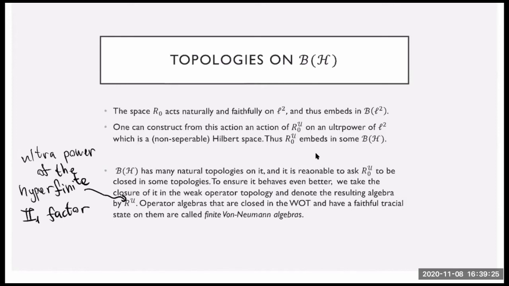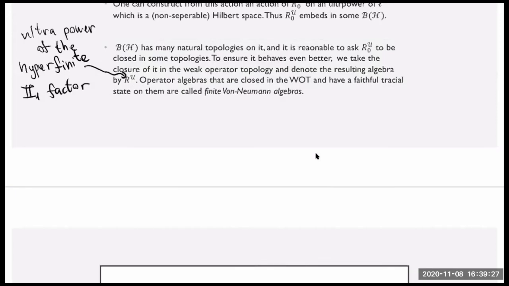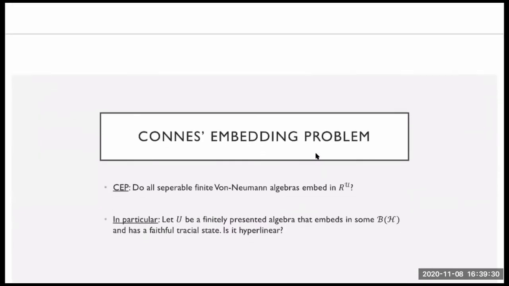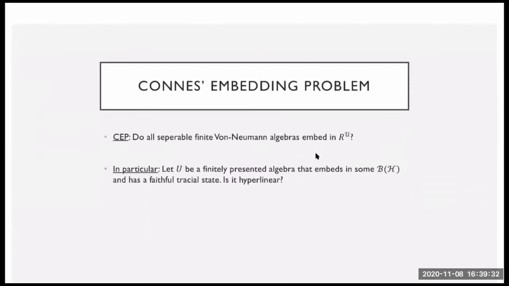Connes' embedding problem actually asks the following: if you have a finite von Neumann algebra, which means a subalgebra of the bounded operators, so a von Neumann algebra lives inside B of H of some H, which is closed in the weak operator topology.